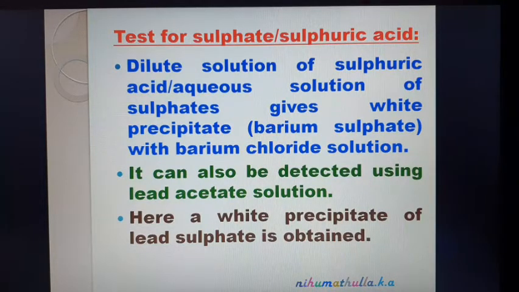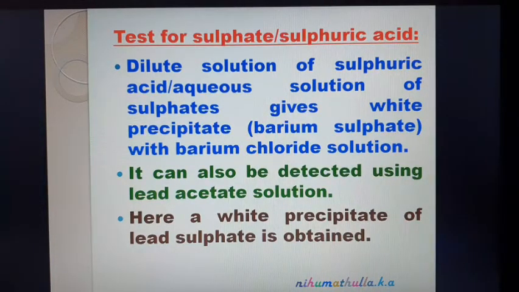We know what is meant by aqueous: if the solvent is water, it is called aqueous. It gives a white precipitate due to the formation of barium sulfate with barium chloride. So, when barium chloride is added to a sulfate salt or sulfuric acid, it gives a white precipitate.